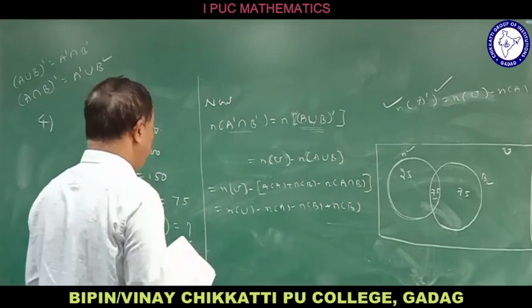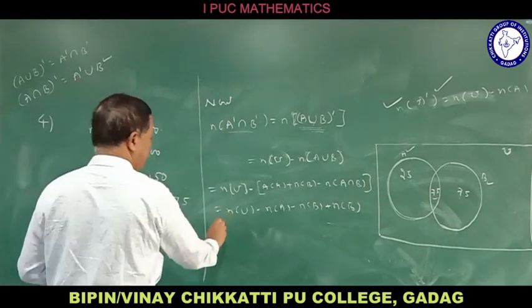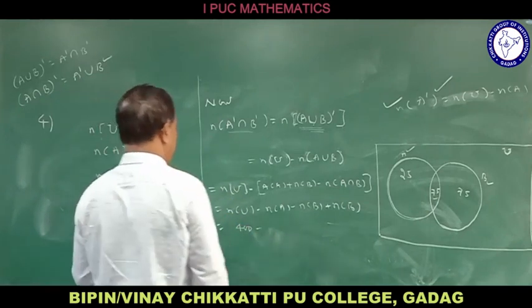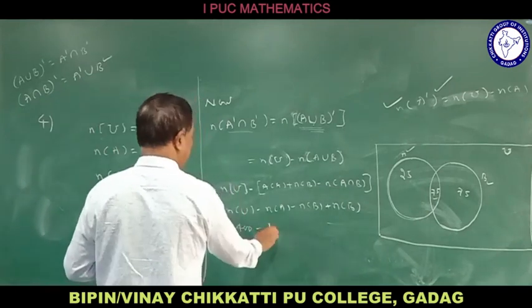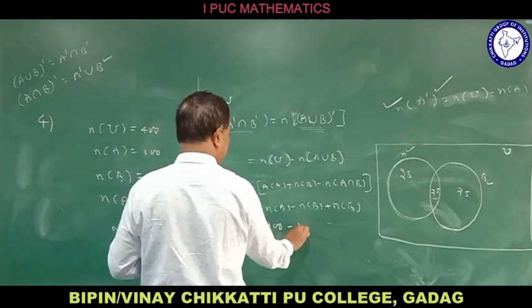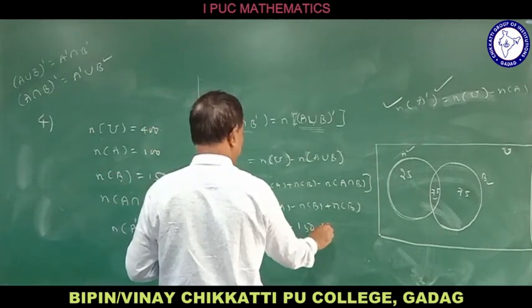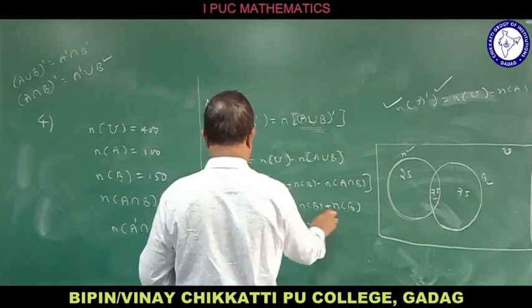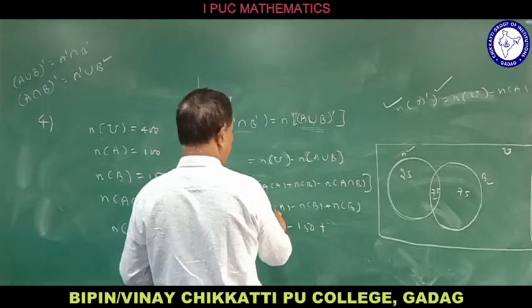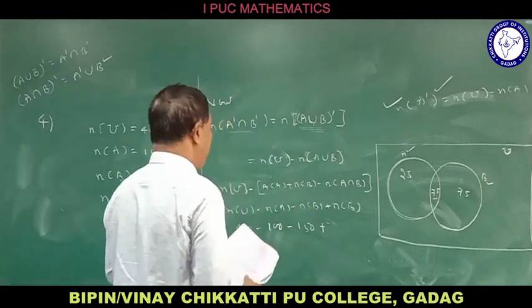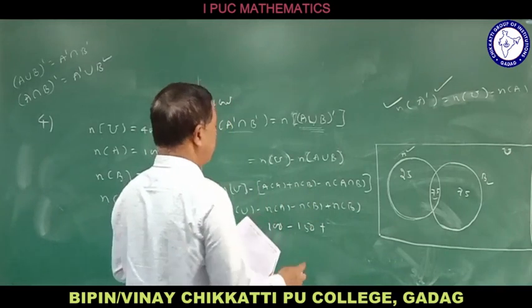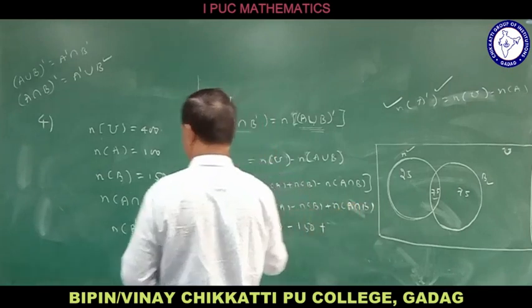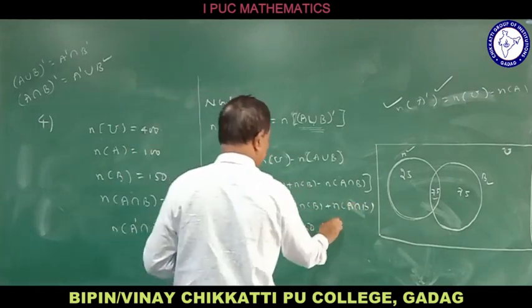So we want to calculate this N of A dash. This is equal to N of U, the strength, 400. N of A is 100, N of B is 150, and N of A intersection B is 75.